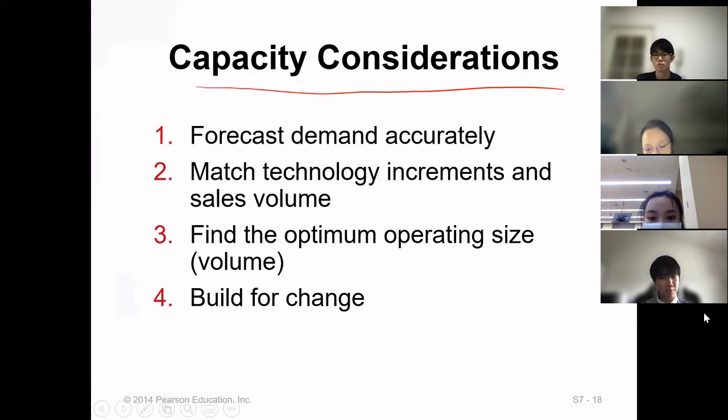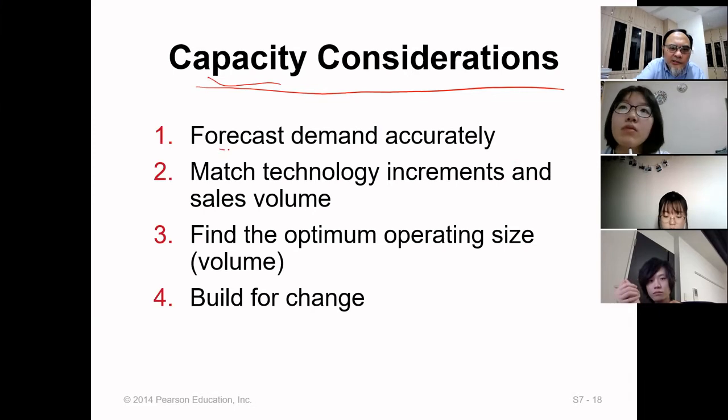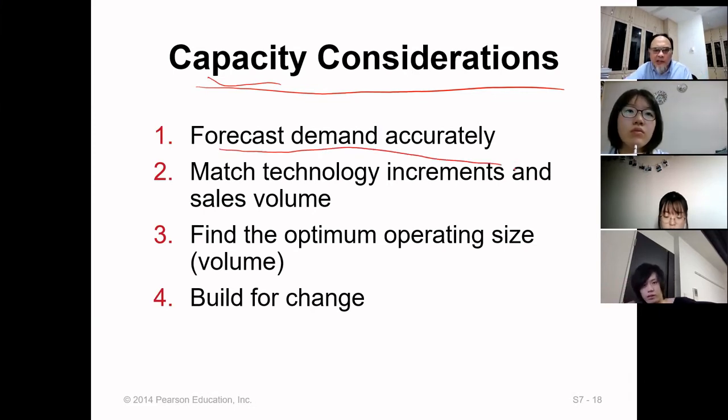COVID resulted in high demand for some products, for example face masks, or vaccines today. There is not enough vaccine in the world, so they have to forecast, and there is no time to forecast vaccine demand. So for capacity consideration, you have to forecast demand accurately.